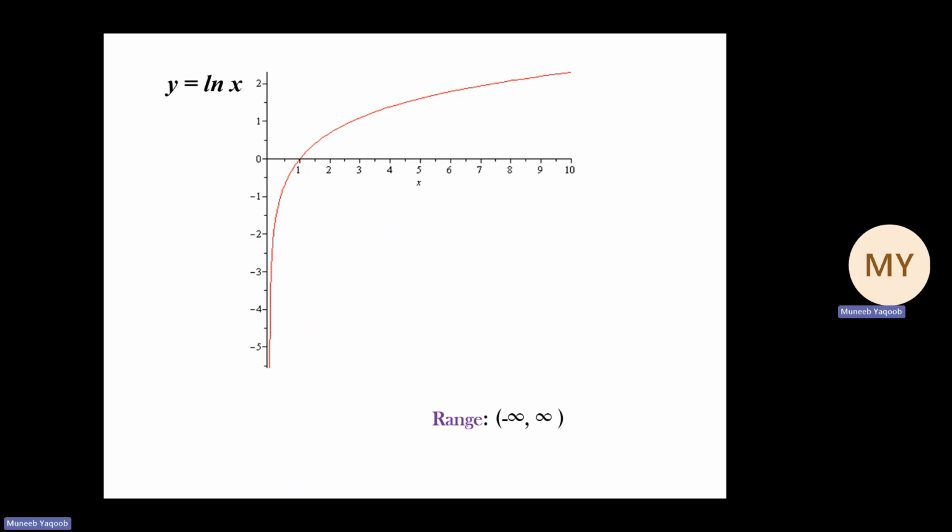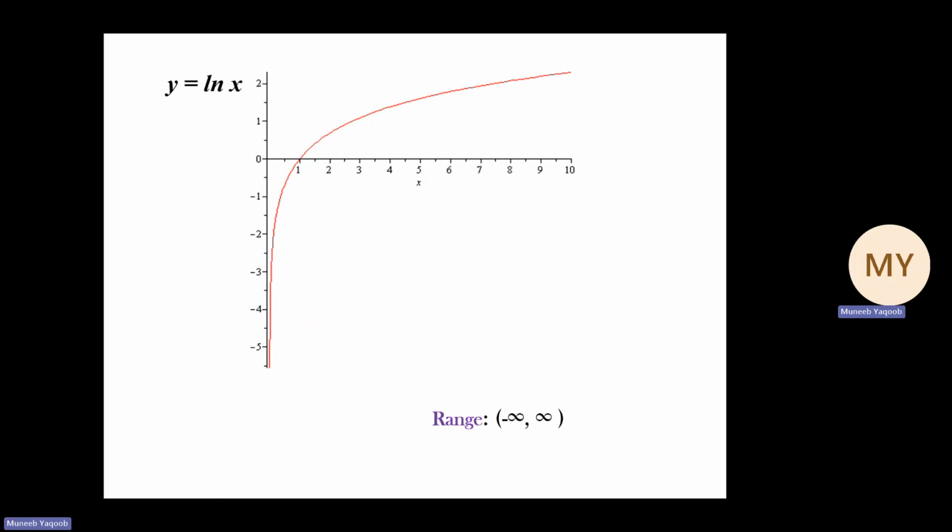Therefore, we will write 10 squared equals 100. So log base 10 of 100 gives an answer of 2. Now in the ln log, the base is basically a famous number, which is e. 2.718 is a good approximation of that number e.